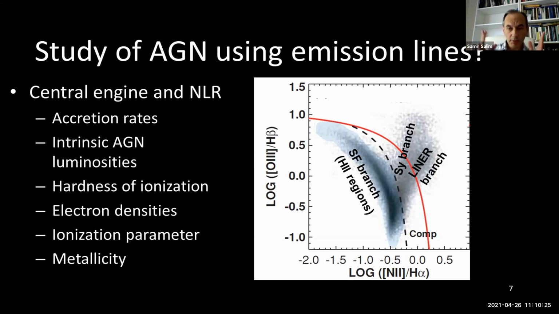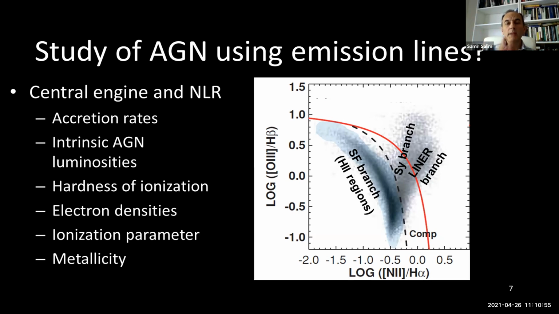Things such as their accretion rates, their intrinsic luminosity, their power, essentially, and also the characteristics of the central ionization, such as the hardness of the ionization. So what's the shape of the ionizing spectrum, right? Other properties of the ISM involved with the AGN, such as the electron densities, also the metallicity, as I mentioned, and things like the ionization parameter.